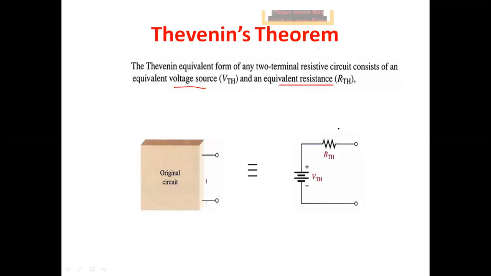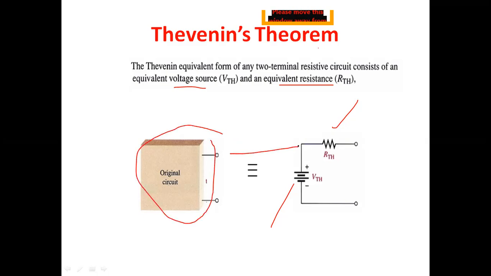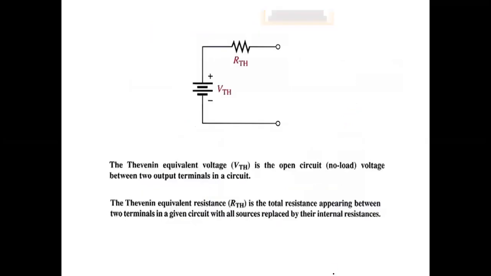Because we are studying Thevenin's theorem, in this case the voltage source is known as Thevenin voltage and the resistance is known as Thevenin resistance. So we have replaced the original circuit by this equivalent Thevenin circuit, having RTH as Thevenin resistance and VTH as Thevenin voltage.